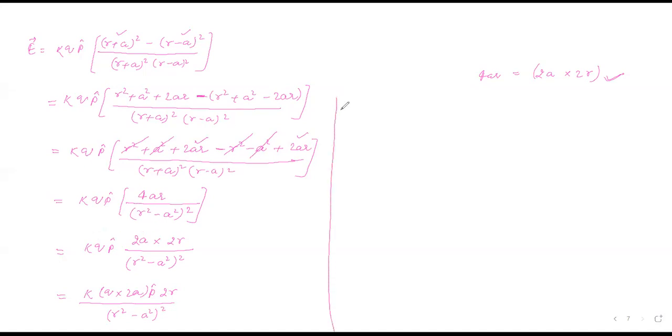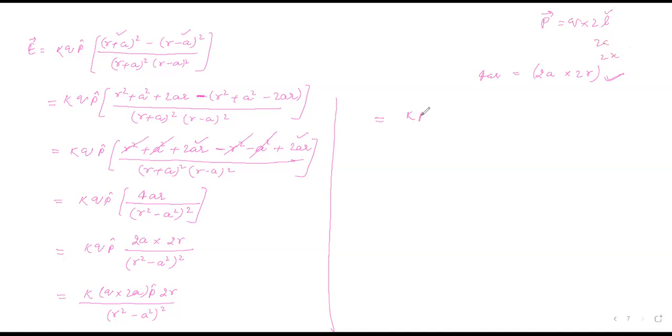Then we got k. What is q into 2a? You already know vector of p is equal to q into 2l. You can write the separation in terms of l or 2a or 2x.